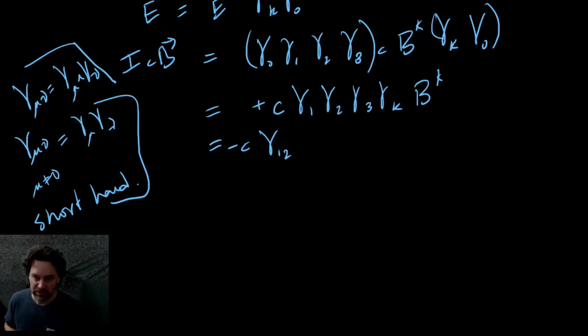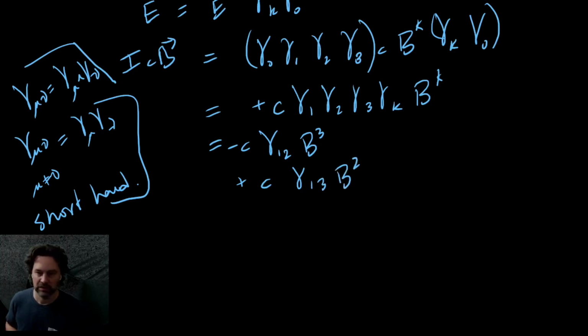So we have gamma^12 times B^3, and we have plus c times gamma^13, B^2, and if K equals 1, minus plus. But then gamma^1 squared is minus, so we end up with a minus. So we have minus c gamma^23 B^1.